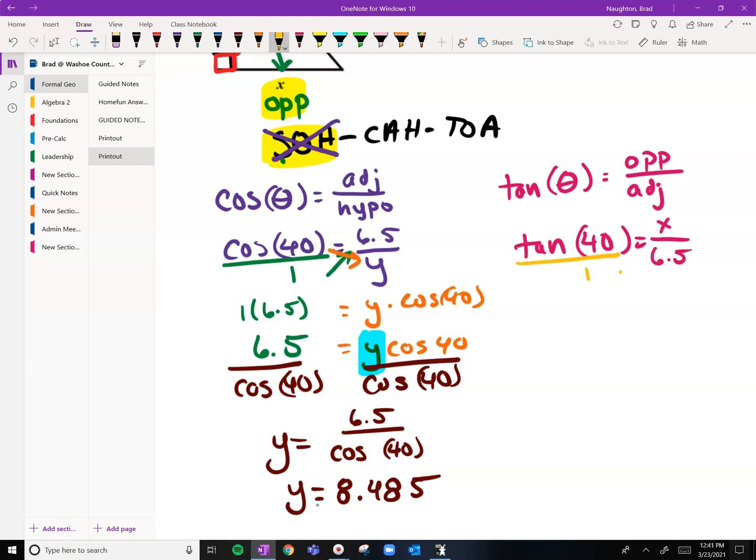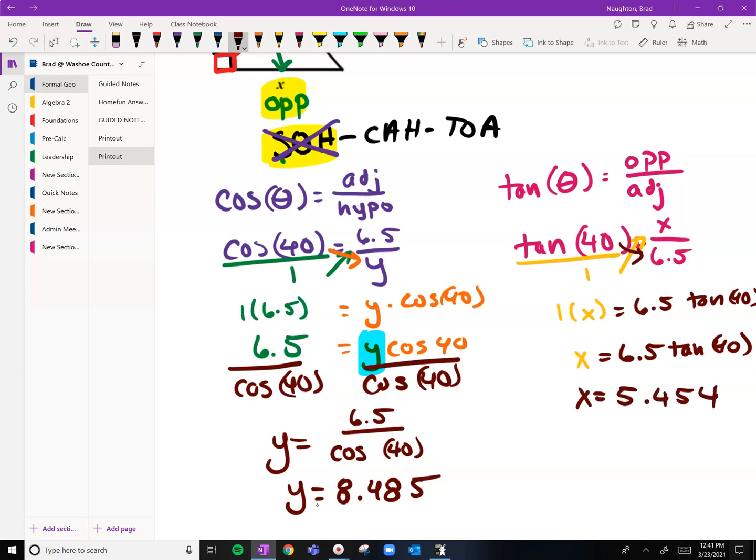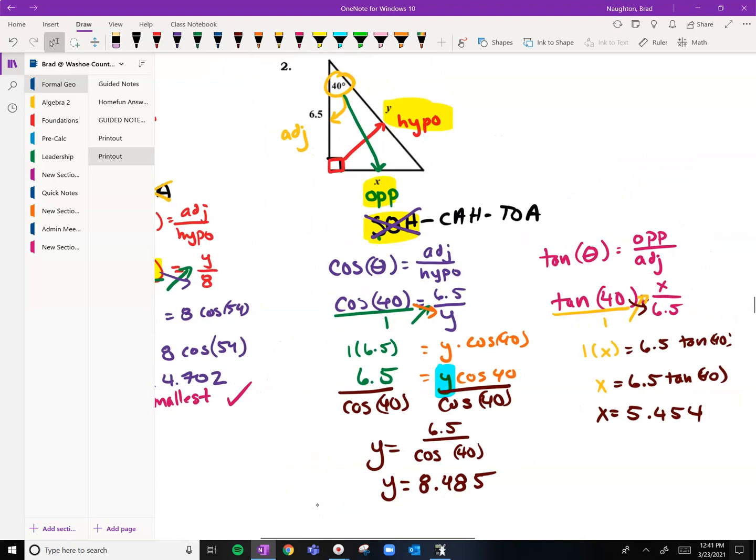So we'll put this over 1. 1 times x is going to be x. Cross multiply this way. We're going to get 6.5 times the tangent of 40. I always love it when I get to just put it in one fell swoop in our calculator here. So x is going to be 5.454.